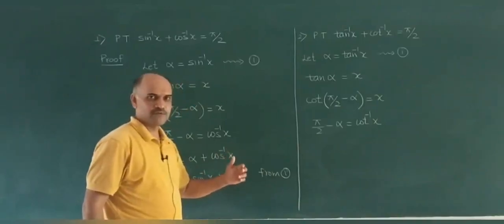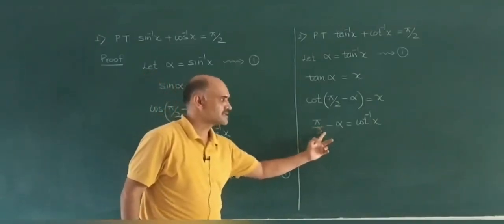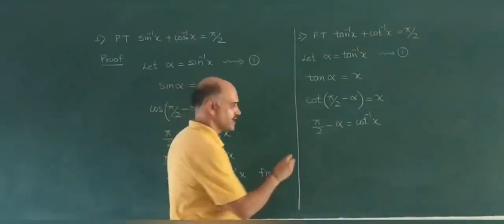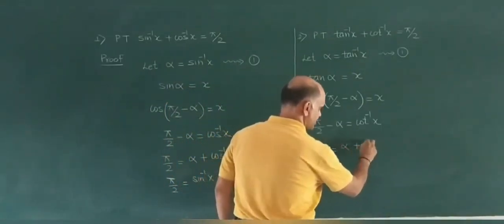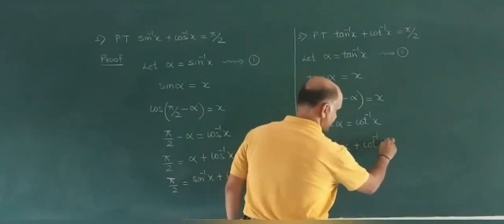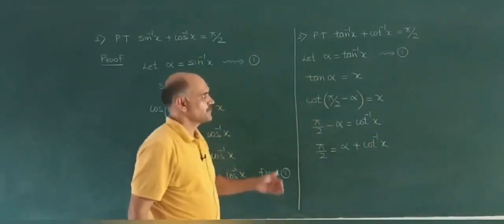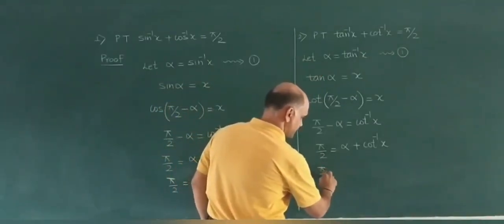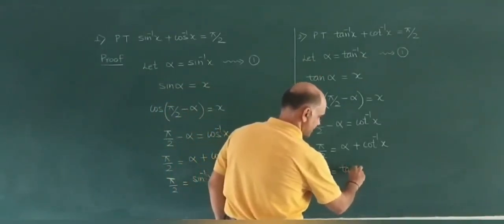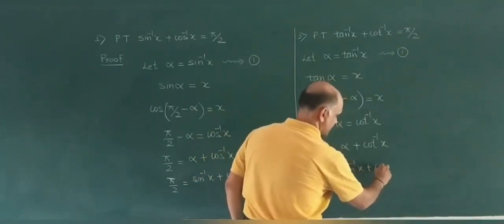Then next step, pass alpha to the RHS. So you will have pi by 2 is equal to alpha plus cot inverse x. Then last step, substitute alpha. So you will have pi by 2 is equal to tan inverse x plus cot inverse x.